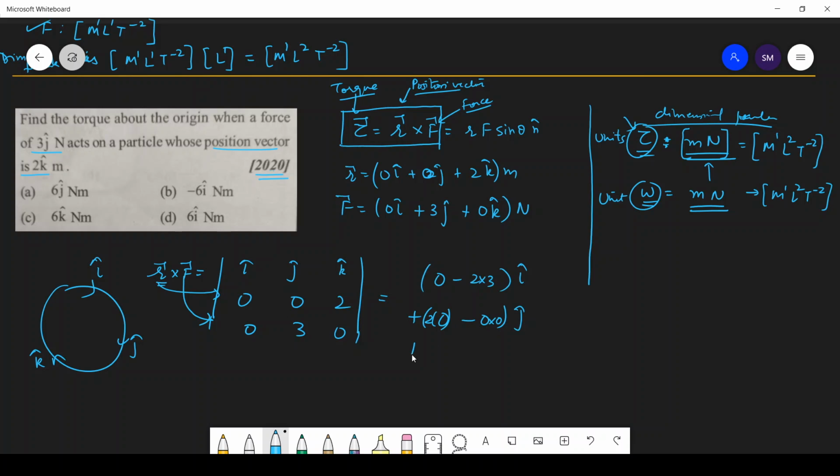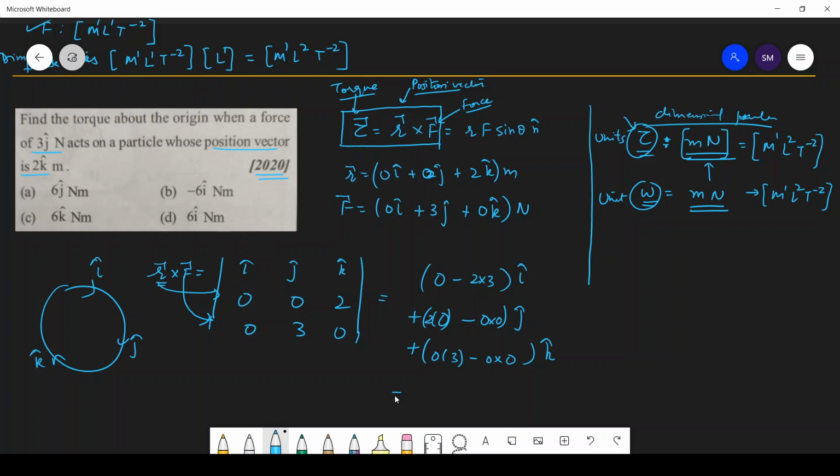So again it will be 0, plus now for the k cap. For k cap, i into j. So hide the k cap. So 0 into 3 minus 0 into 0. So this is 0, this is 0.